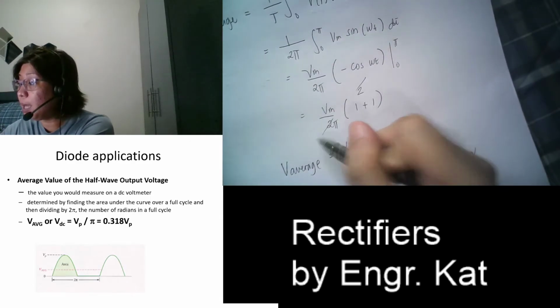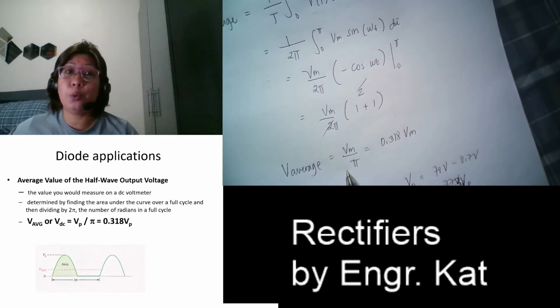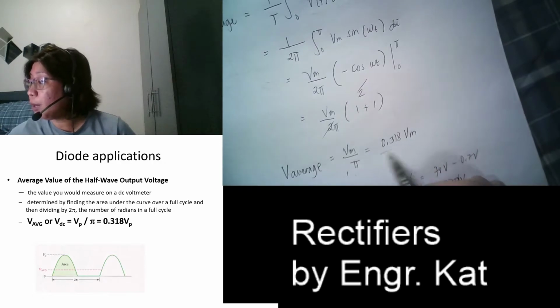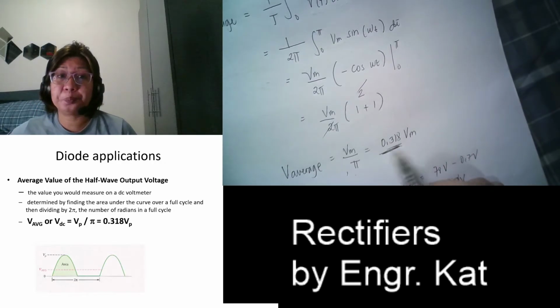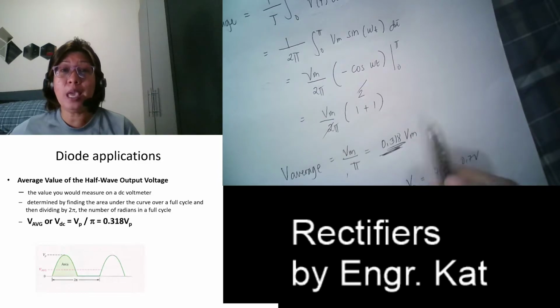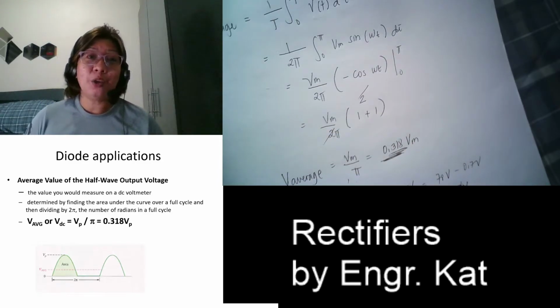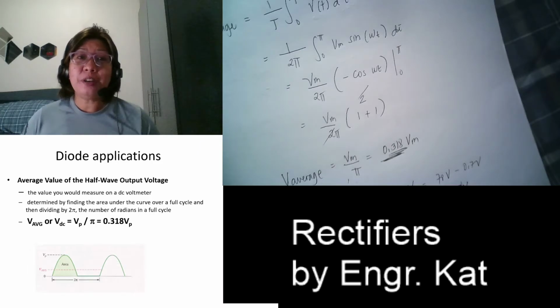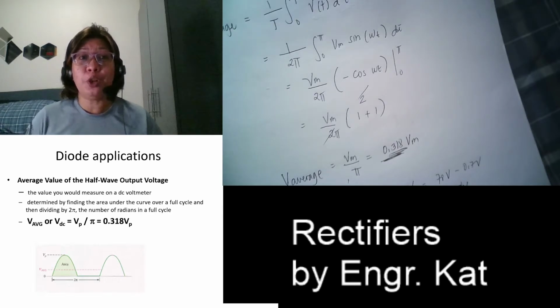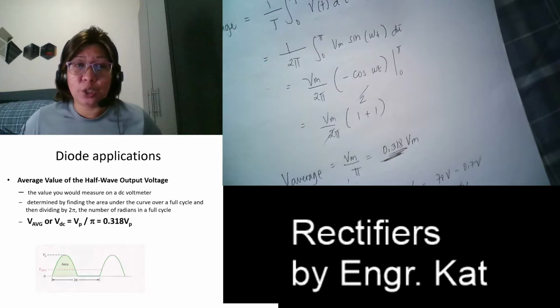Canceling this out, that gives us the peak value, or the maximum value, divided by pi. That is where your 0.318 came from. So you can always remember the derivation, or you can just remember that the average or DC voltage that we have when we have a half-wave rectifier is 0.318 of your peak voltage.